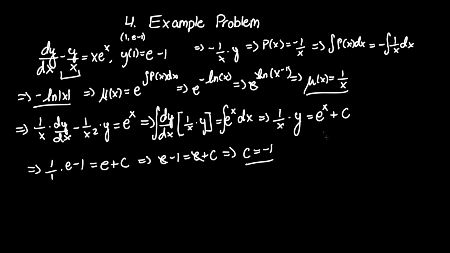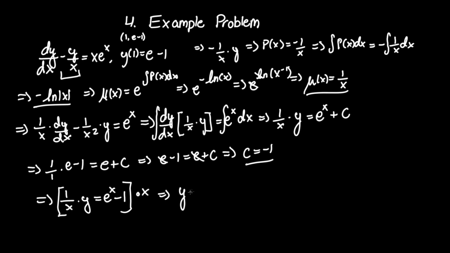So now that we found that, we can finally plug that back in. So 1 over x times y equals e to the power of x minus 1, which was previously the value of c. So now we can do the final step, in which we isolate for y, which is a solution to this equation. So let's multiply by x, which would cancel the 1 over x, turning it to 1.